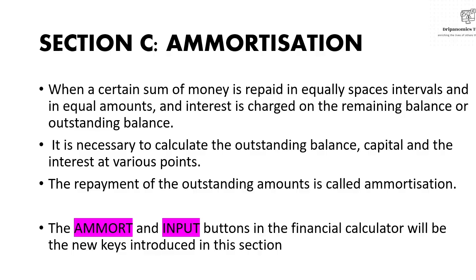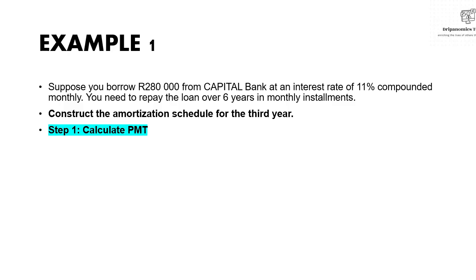Now we're gonna move straight to examples, because when it comes to amortization, most of the part you have done during annuities, so it's not really that deep. It's not new. There's only a few things that are new. The first part, when we are amortizing a loan, we have to calculate our payment.